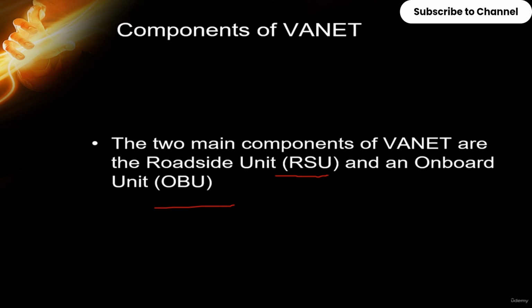In that way, the communication is established, and it also uses various applications and add-on services to alert about accidents and traffic scenarios, and the OBUs are used to provide internet connection for the vehicles which are traveling. So these are the main things about these components.